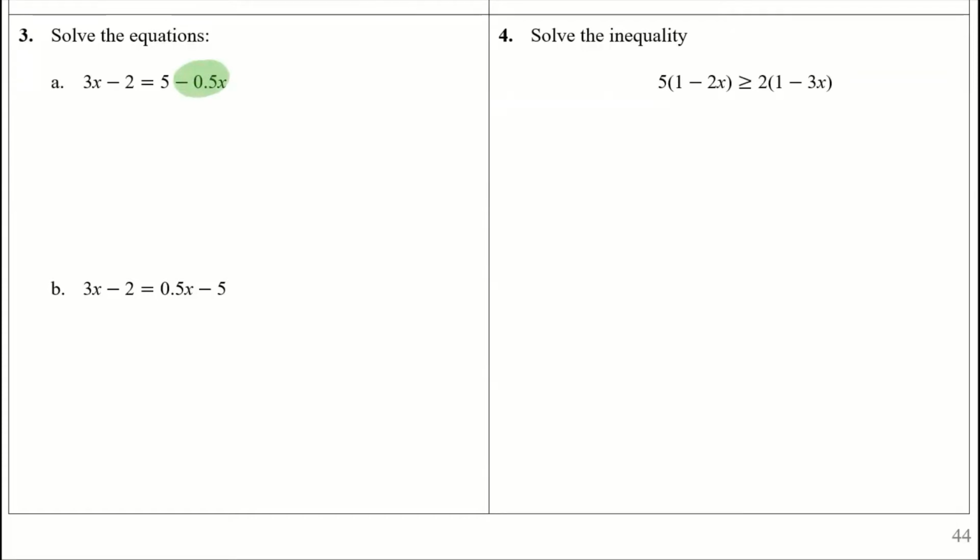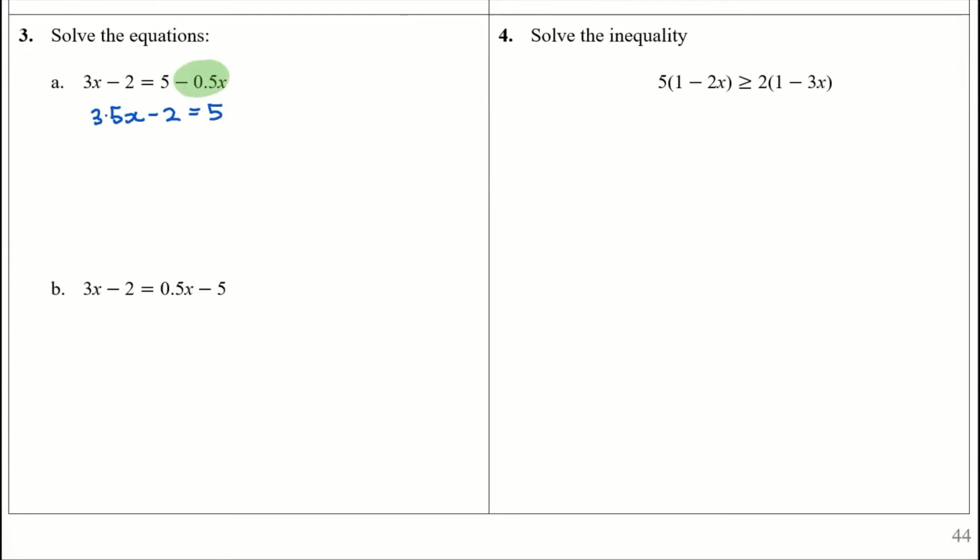Okay, so we'll start with that. And if I do that, and I'll continue with the decimal idea, we're going to have 3.5x subtract 2 is equal to 5. Okay, so I've added 0.5x to both sides. Now I can add 2 to both sides.